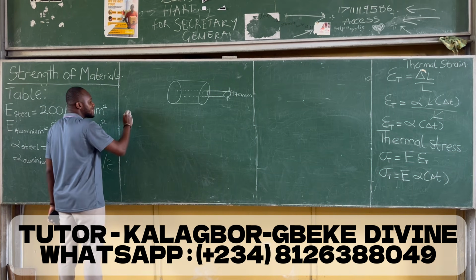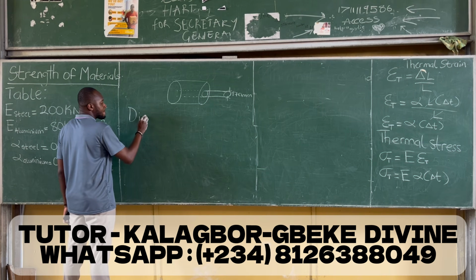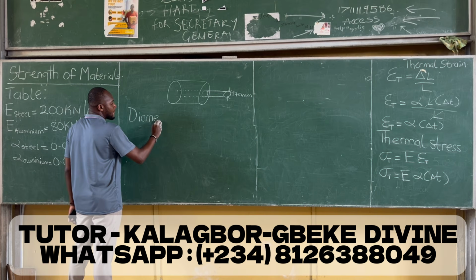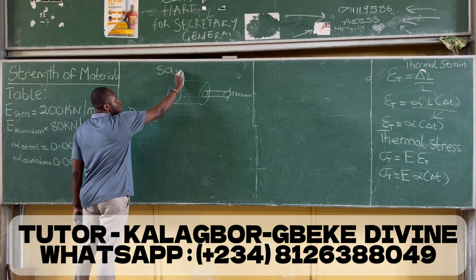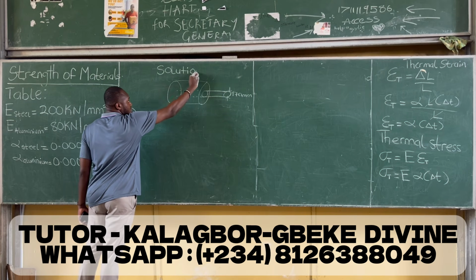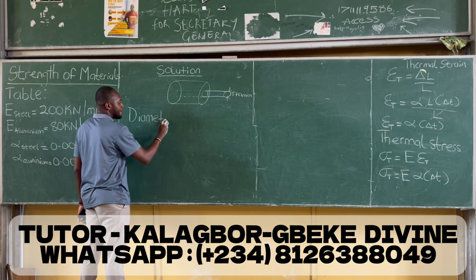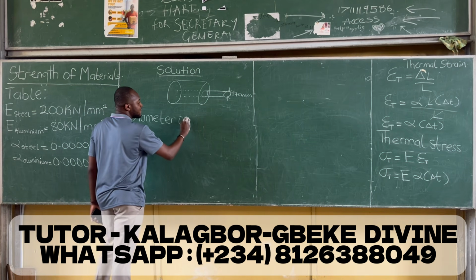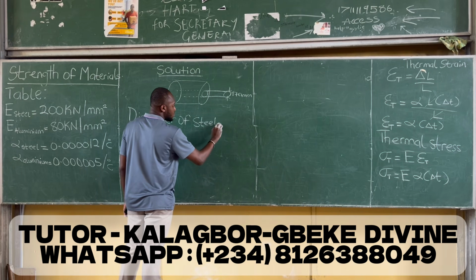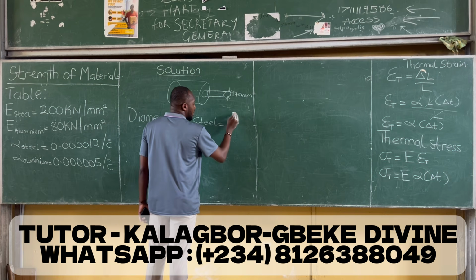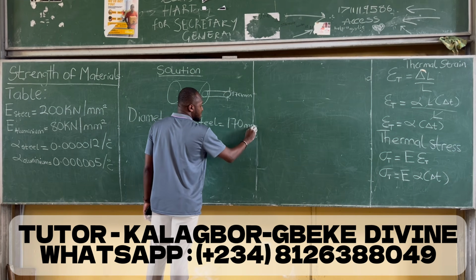So let's write. The diameter of steel, we're not converting, is 170 millimeters.